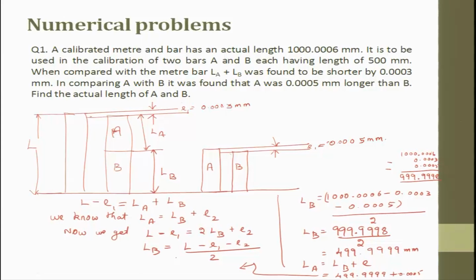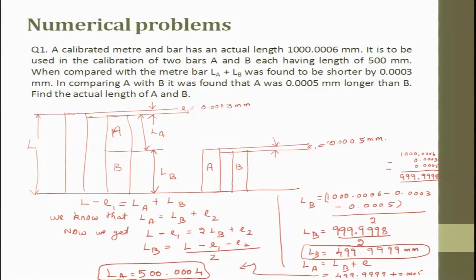So, which is nothing but 500.0004. Okay. So, this will be your LB, this will be your LB and this will be your LA.